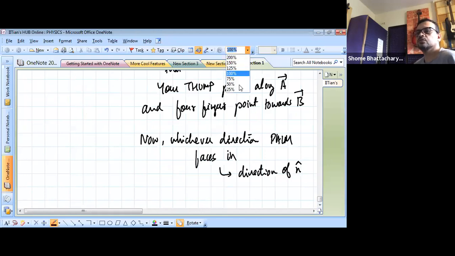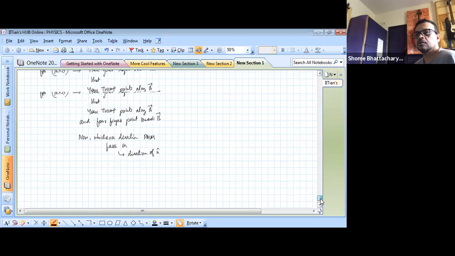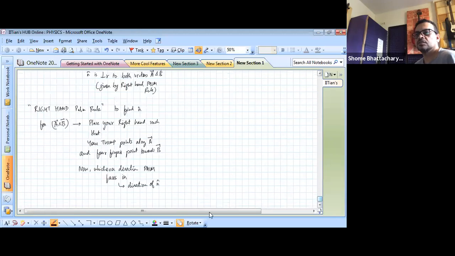So let me take you through these steps with an example. So this is the right hand palm rule.